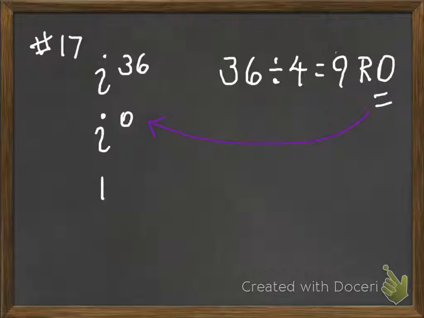So let's look at number 17. Number 17 wants us to simplify i to the power of 36. Well, let's see how many cycles are in 36. If we divide 36 by 4, we get 9. And there's no remainder. It means it completes that cycle 9 times and starts over. So it starts over with i to the 0.